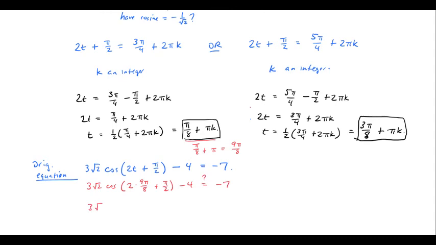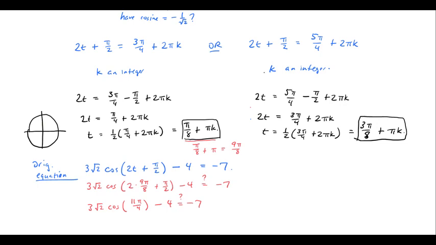All right, so then that amounts to 3 root 2 times the cosine, and then 2 times 9 pi over 8 is 9 pi over 4. If I add pi over 2 to that, I get 11 pi over 4. And I want to know whether that minus 4 is equal to negative 7. Well, 11 pi over 4 on the unit circle, if I count out quarters of rotations, this is 4/4 of pi, and this is another 4/4, that's 8/4, and then I get 9, 10, 11. 11 pi over 4 takes me somewhere up here, and that should look really familiar.